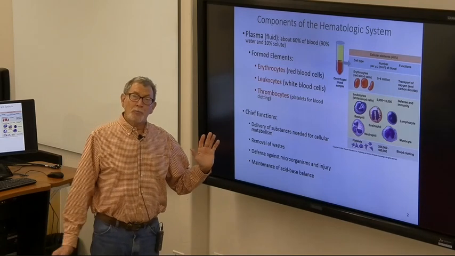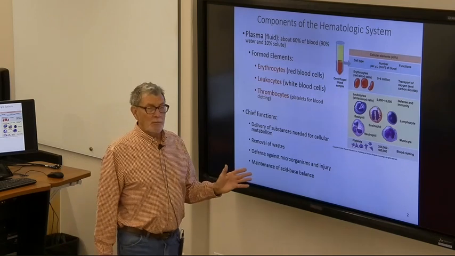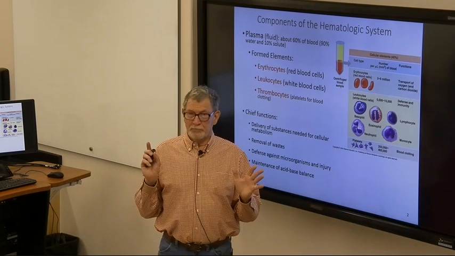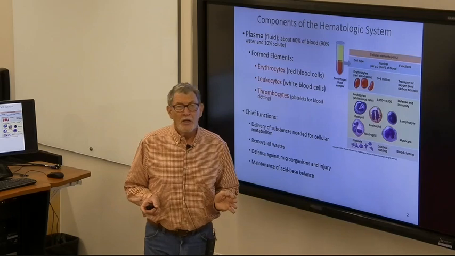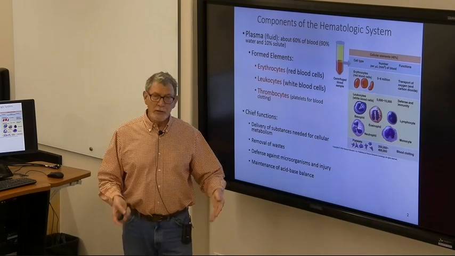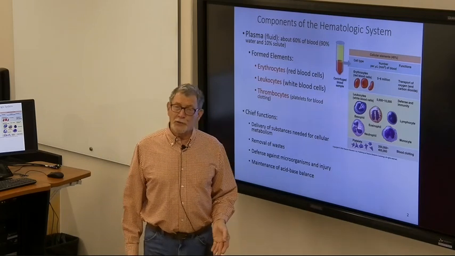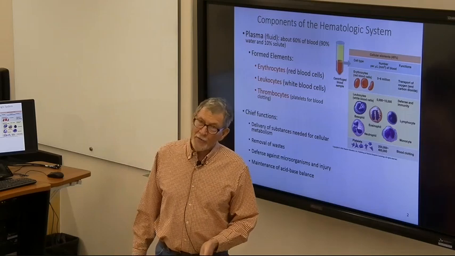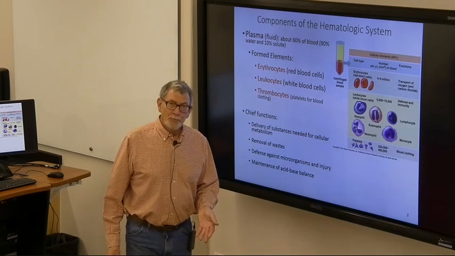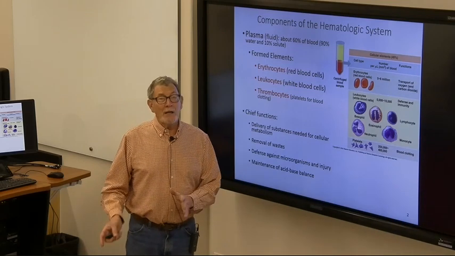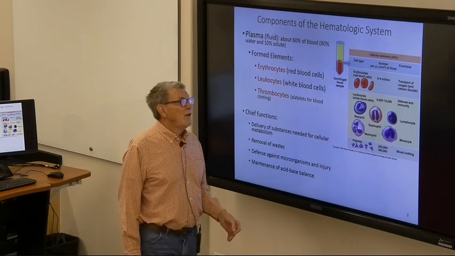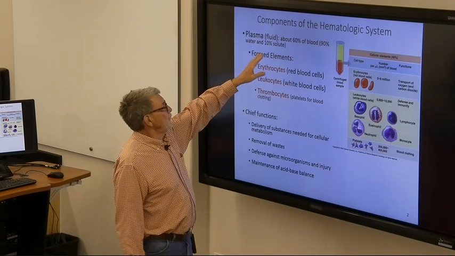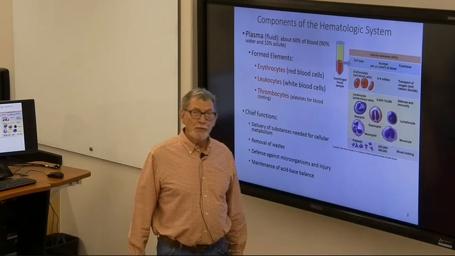So your blood is made up of a couple of different components. The plasma is clear extracellular fluid. It's not inside the cells, but the red blood cells make up a good portion of your blood. The plasma is about 60% of your blood.